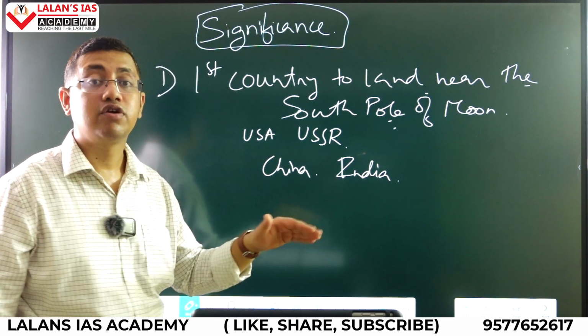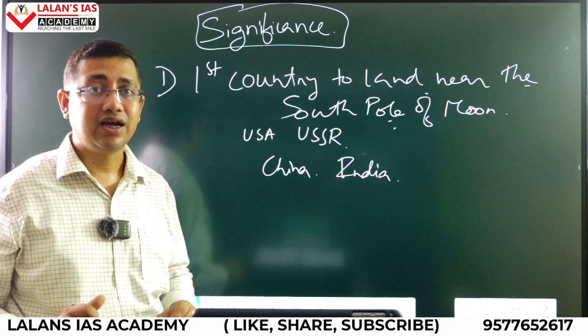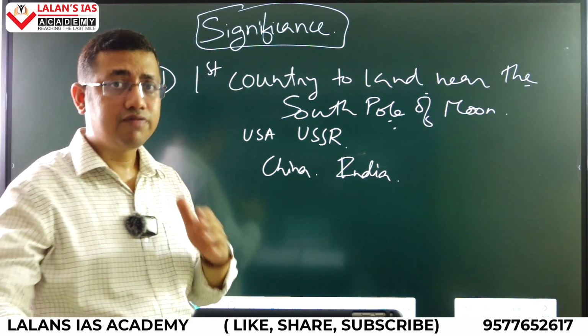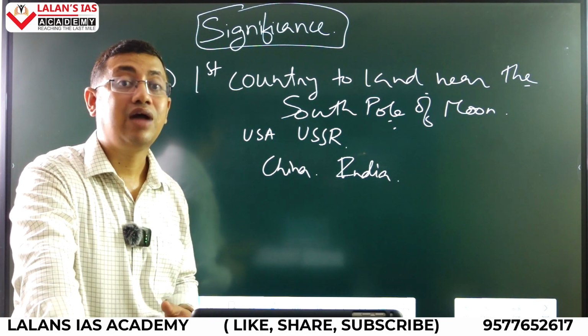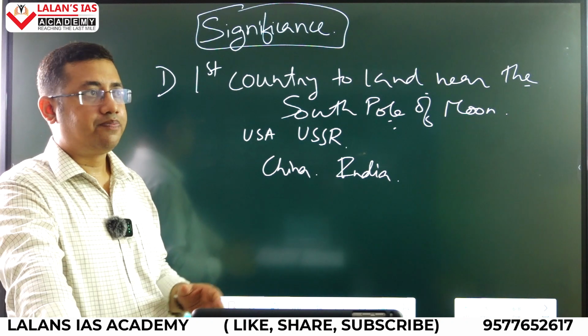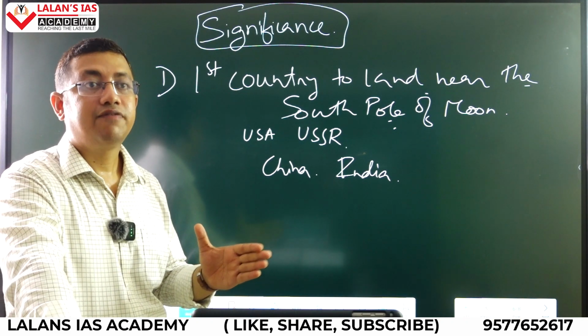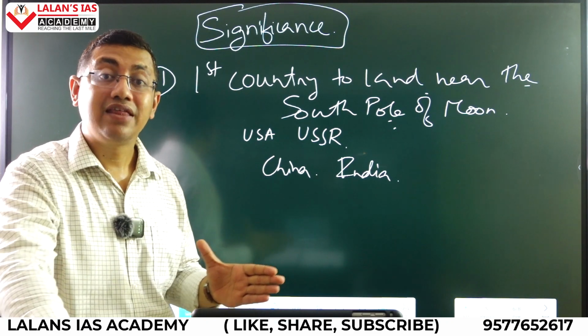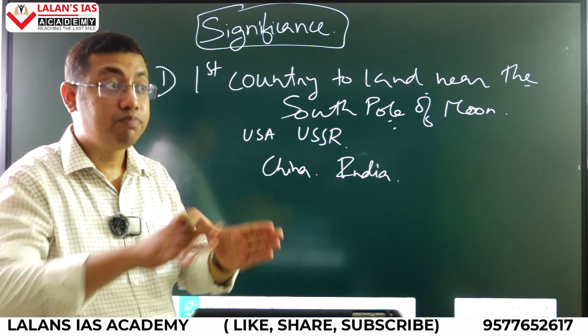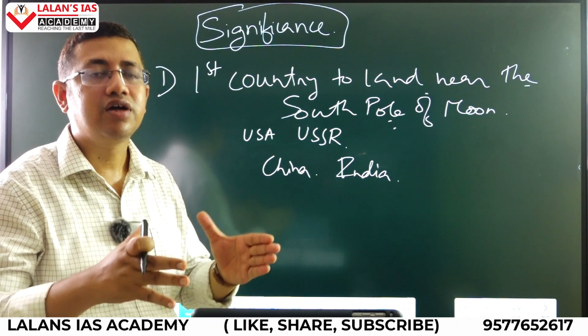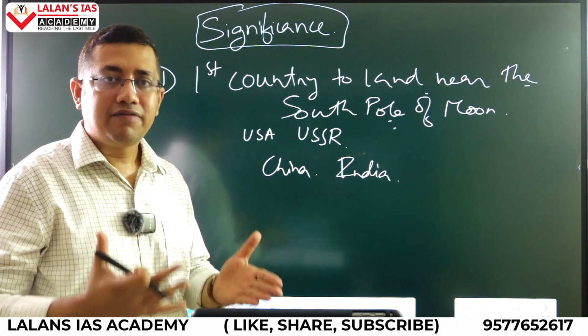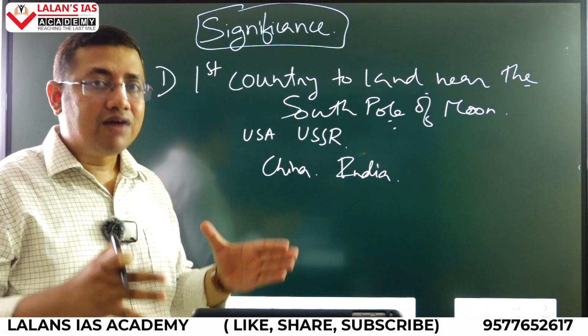The Artemis mission is a NASA mission in collaboration with many countries. India is not one of them directly, but India is a signatory to the Artemis Accord. The Artemis Accord is meant to create a framework for proper utilization of space resources, how space will be used, how we will do research, and how we will bring in the private sector. All those things will be covered under the accord.